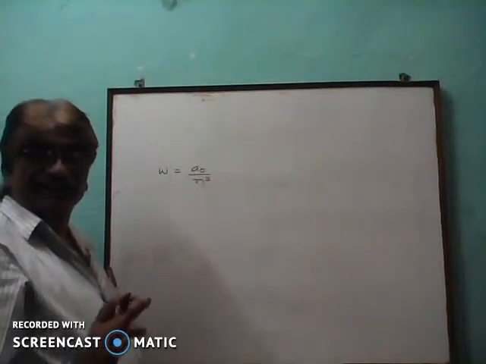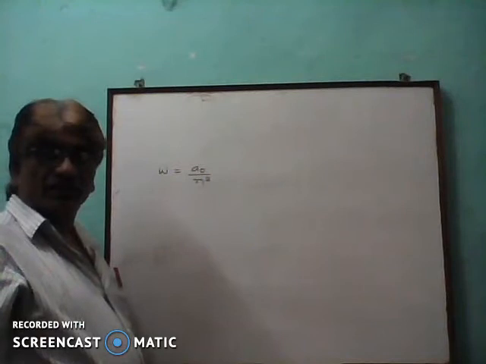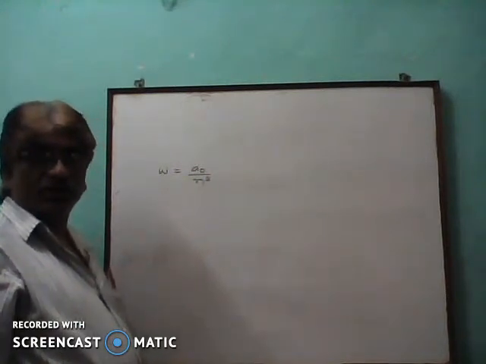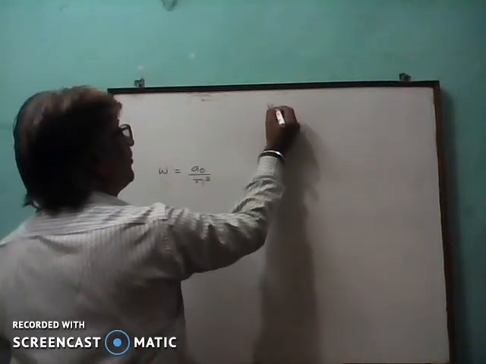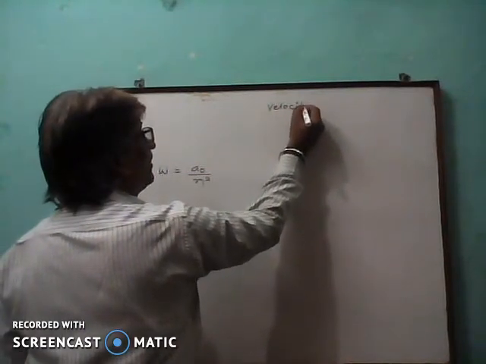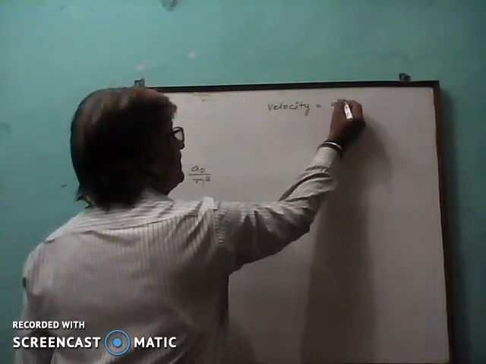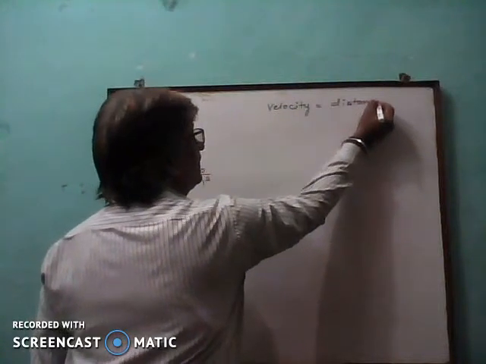It means if the electron completes one revolution, it covers a distance equal to the circumference of the circular orbit. So here we know that velocity is equal to distance upon time.